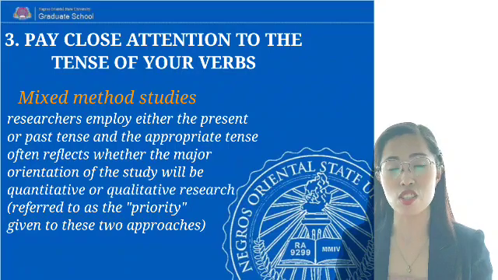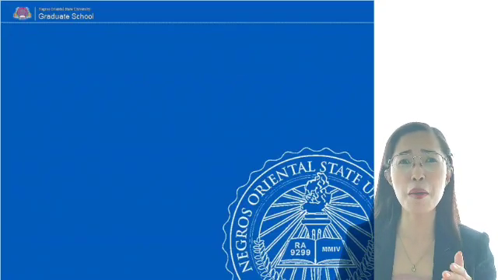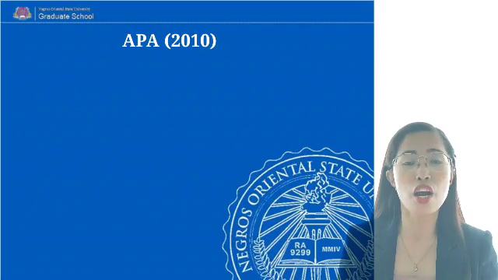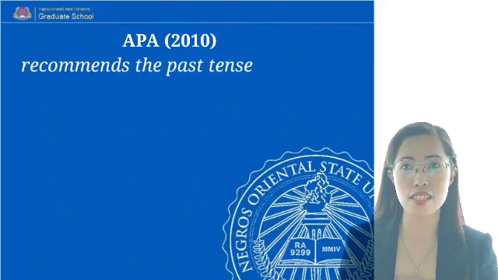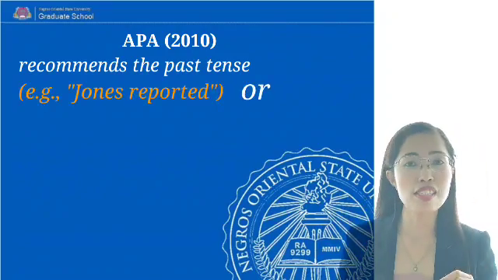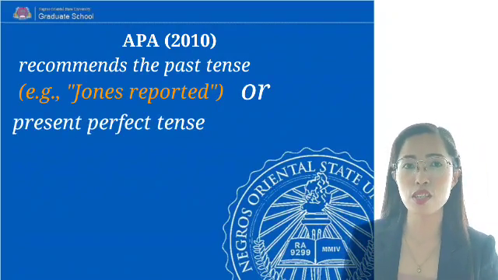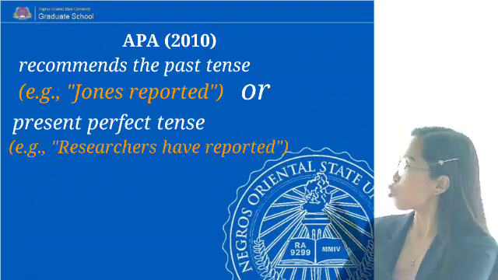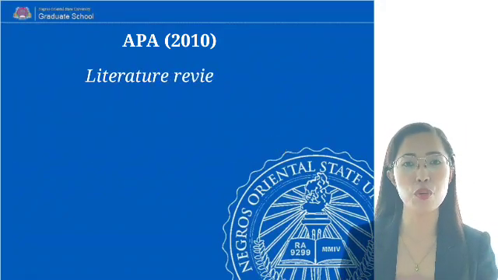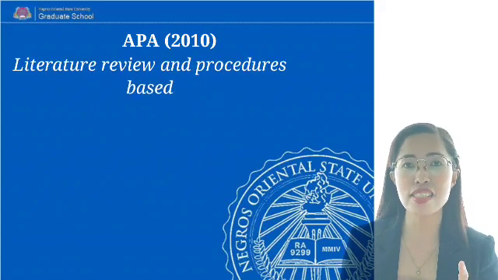on mixed methods research. The APA Publication Manual, or APA 2010, recommends the past tense, for example, Jones reported, or the present perfect tense, for example, researchers have reported, for the literature review and procedures based on past events.